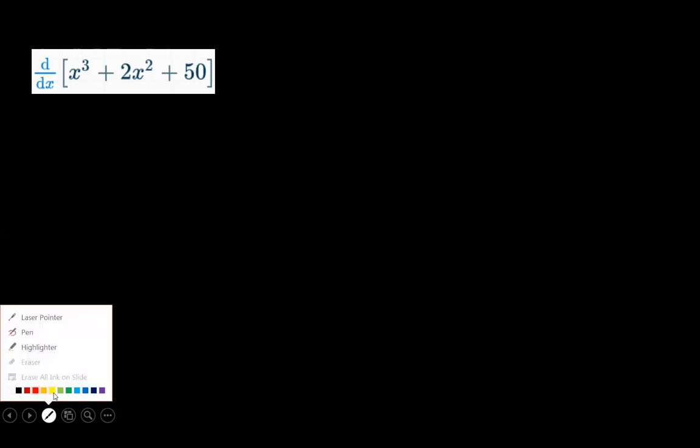If we encounter a term that has a variable and has an exponent, then we're going to use what we call the power rule. The power rule of differentiation is like this.